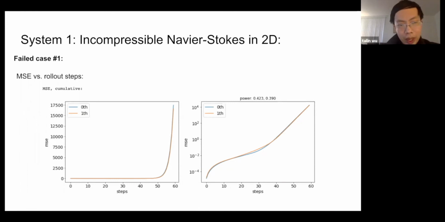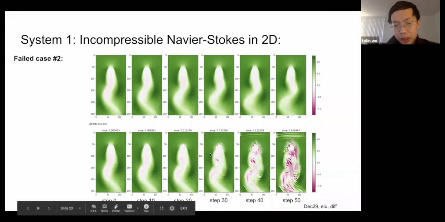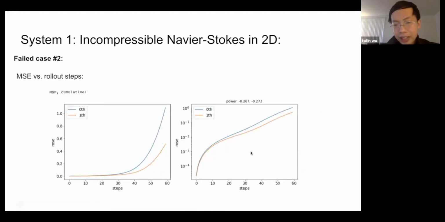Let's look at another one, in which 10 steps is quite good, but after a few more 10 steps, it becomes much worse. We can see that it still grows exponentially. Usually it is very hard to learn this operator and evolve over long time scales.